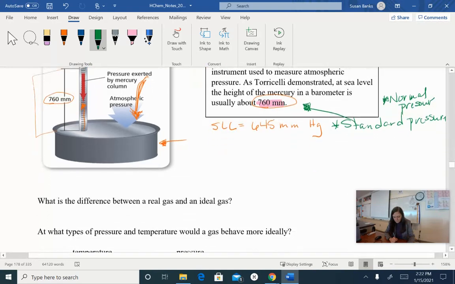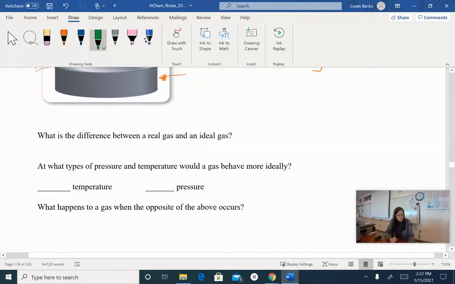And if we have time at the end of the year, I'd like to do gas laws, but we'll see if we have time. Okay, so I talked about the postulates being something that we think of as an ideal gas. I want to talk about what is different between an ideal gas and a real gas. Okay, so in an ideal gas, the molecules are not attracted to each other at all.